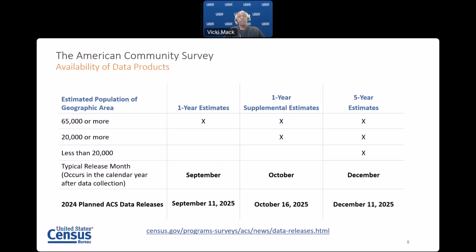And then the 5 year estimates combine data collected over 60 months and are available for geographic areas of all sizes down to those granular census tract and block group levels. The planned data release schedule for the 2024 ACS data is shown here on the last row, and the full detailed data release schedule for each year is available on the data releases page.